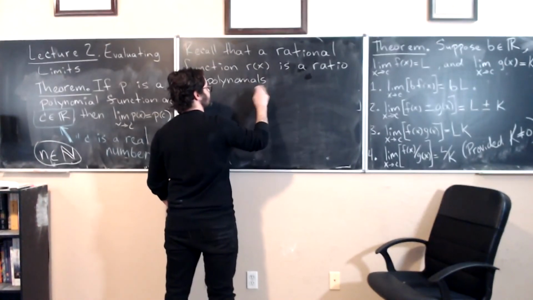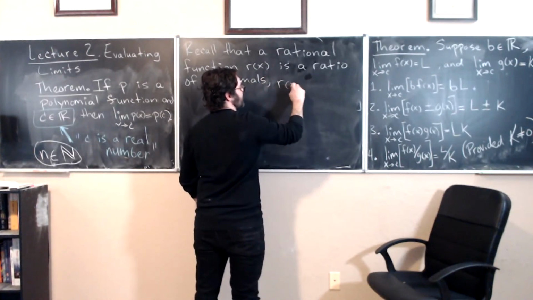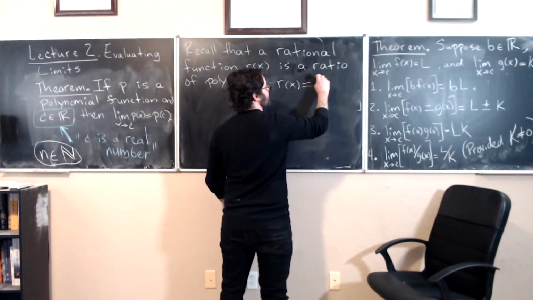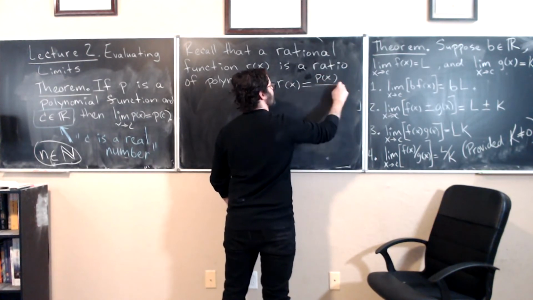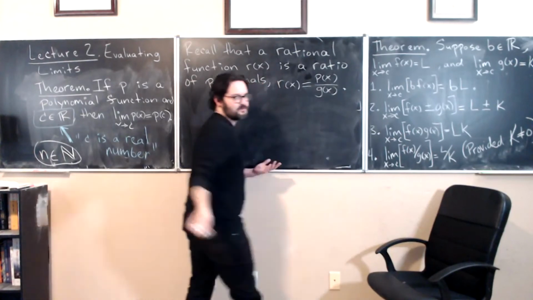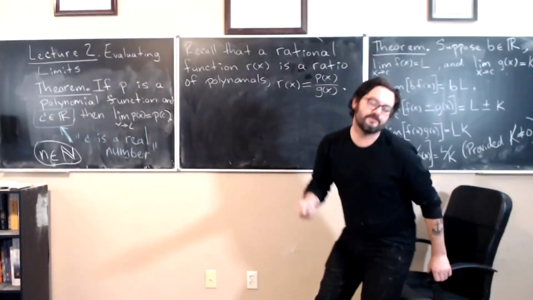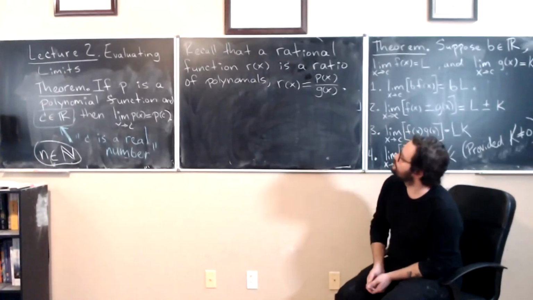For example, R of x might equal some polynomial P of x over Q of x. That's the definition of a rational function.